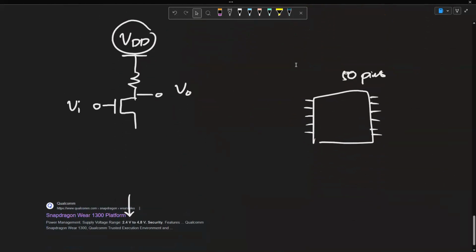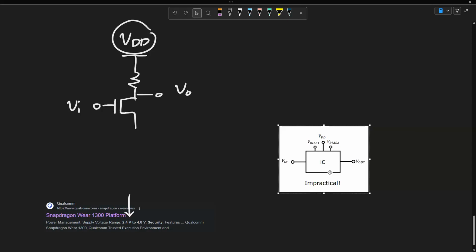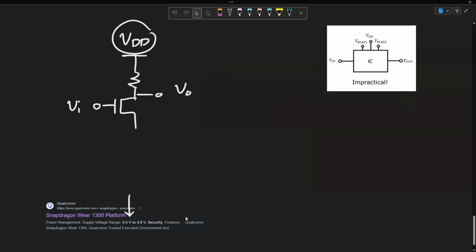But when we bias VIN, we don't usually set a specific voltage to it, because an extra pin is expensive. Basically, the slides also say that it's impractical to put a bias pin on your IC. It's expensive.